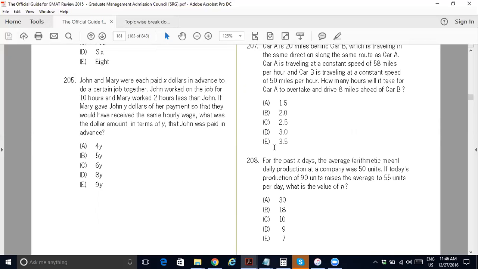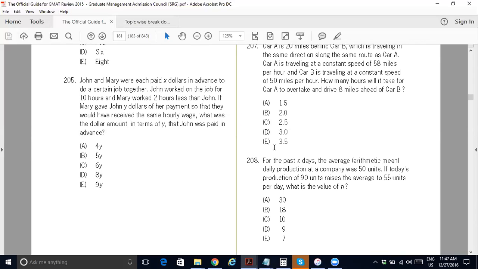So 50 into n plus 90 over n plus 1 number of days is equal to 55. Correct. That's one way of doing it. Then you can easily solve for n, right?